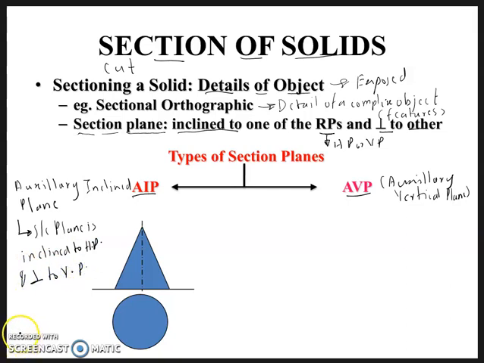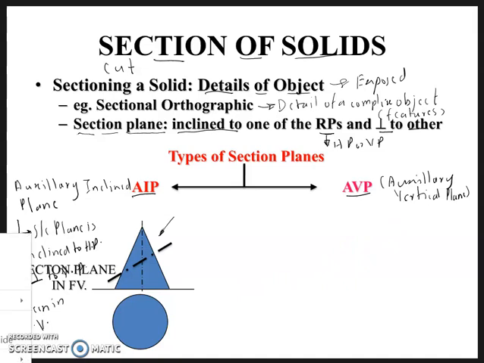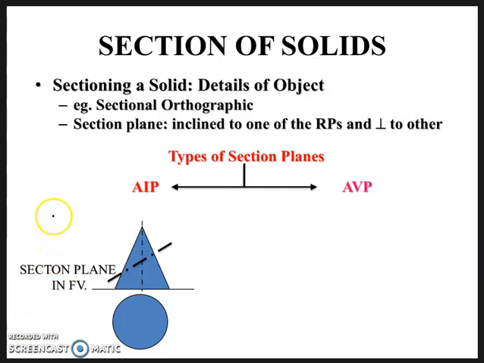So this section plane will be seen in front view. Suppose this is the section plane, and the observer is here.